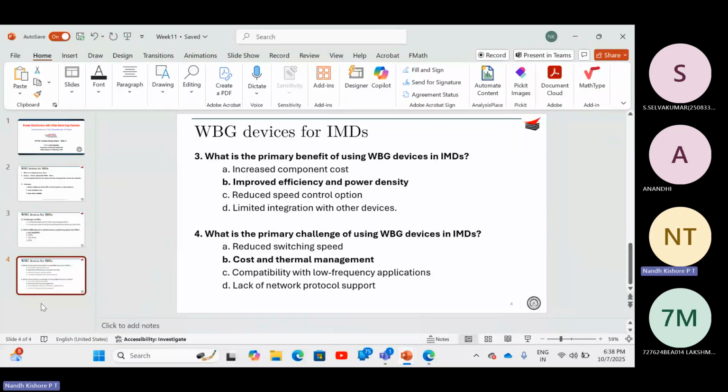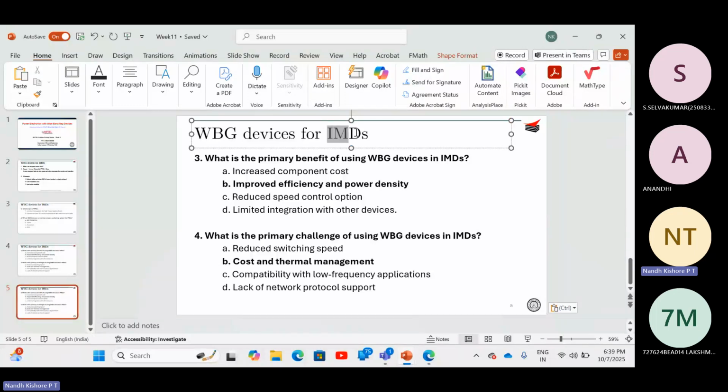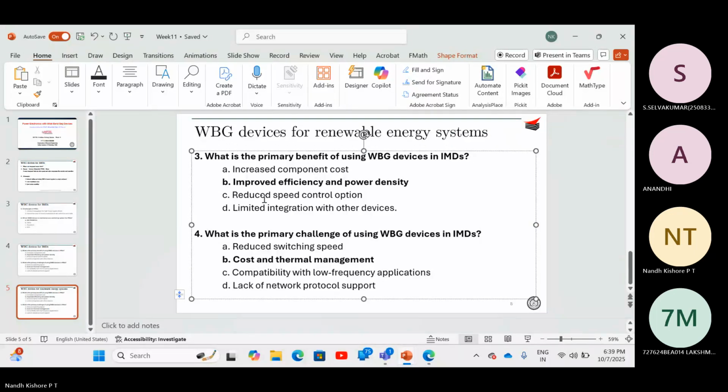Okay, so next we will move towards another set of problems wherein we see the application of WBG devices towards renewable energy systems.